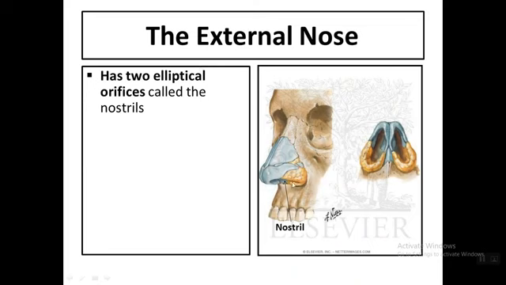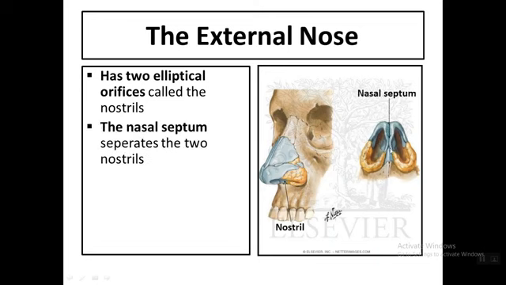The external nose has two elliptical orifices or openings that are called the nostrils. As we said, the nasal septum separates the two nostrils.